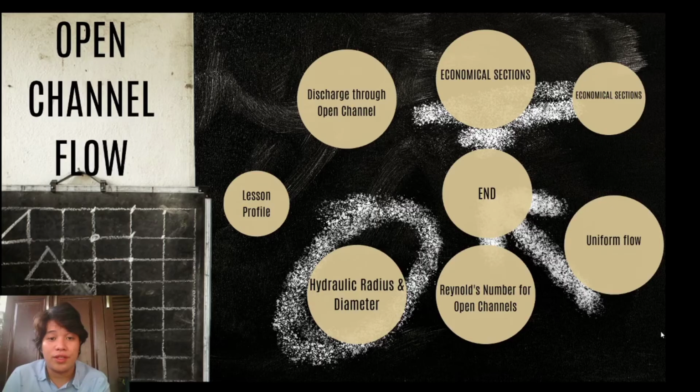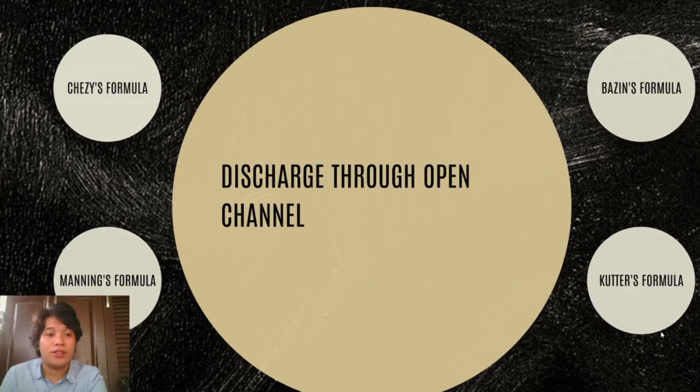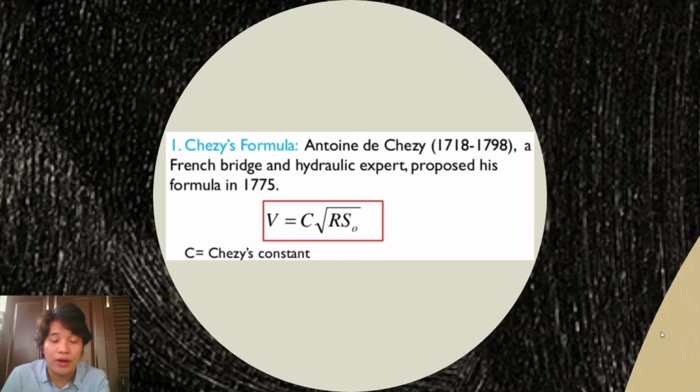Next, we proceed to the discharge through open channels. There are mainly two equations, the first being the Chezy formula. The Chezy formula was founded by Antoine de Chezy, from 1718 to 1798.